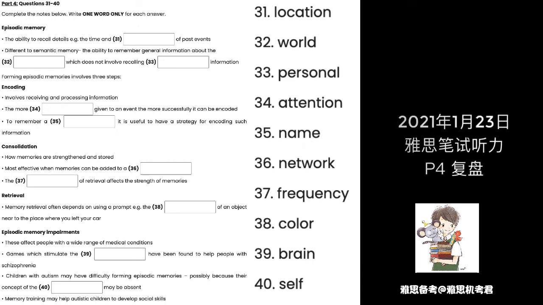These help episodic memory retrieval by acting as a prompt. For example, when recalling where you parked your car, you may use the colour of a sign close to where you parked. You actually have to mentally travel back to the moment you parked.